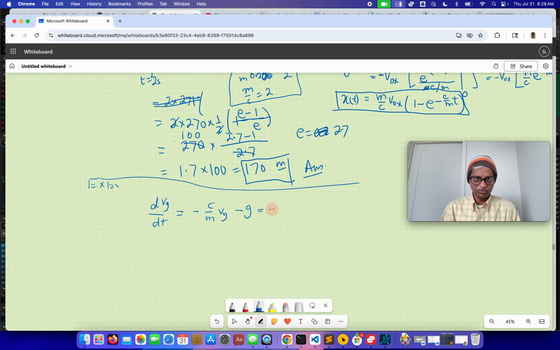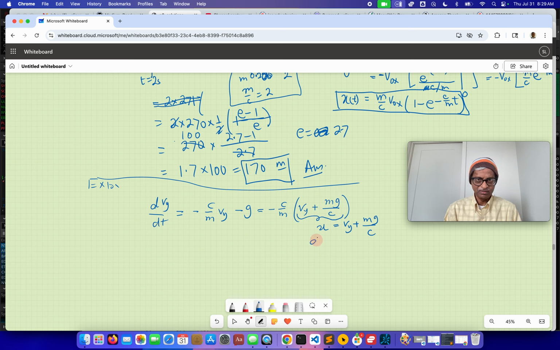So suppose I do c over m vy plus mg over c, like this, right? So you can define this as a u. Okay, you'll say u equals vy plus mg over c. I hope I'm not making a mistake here.